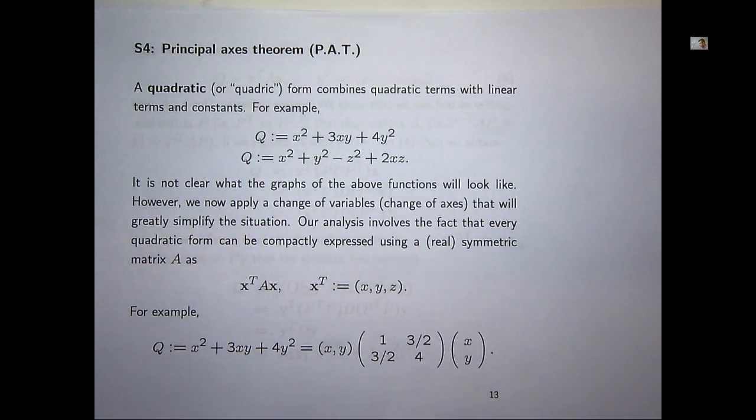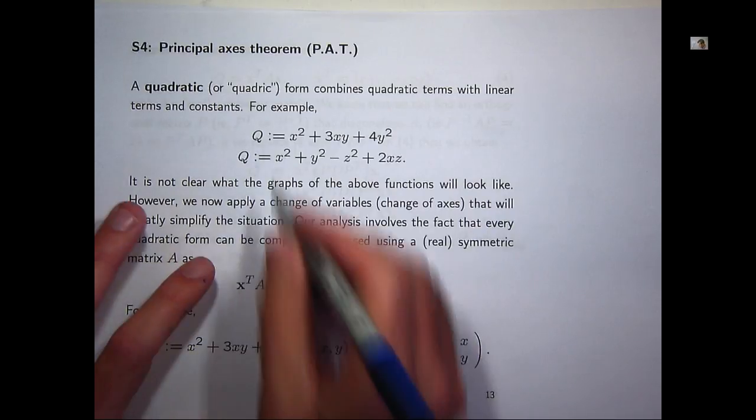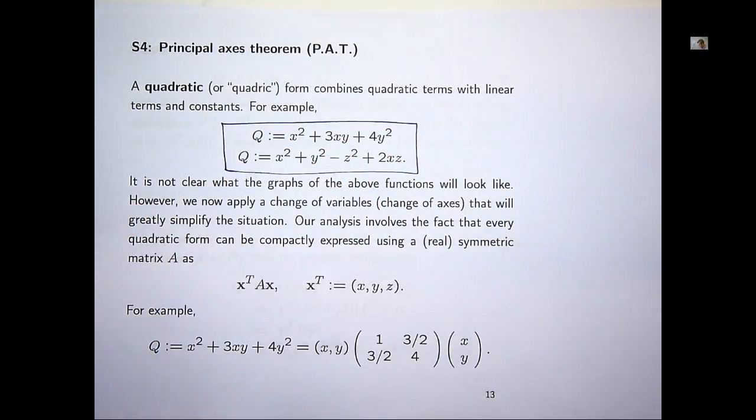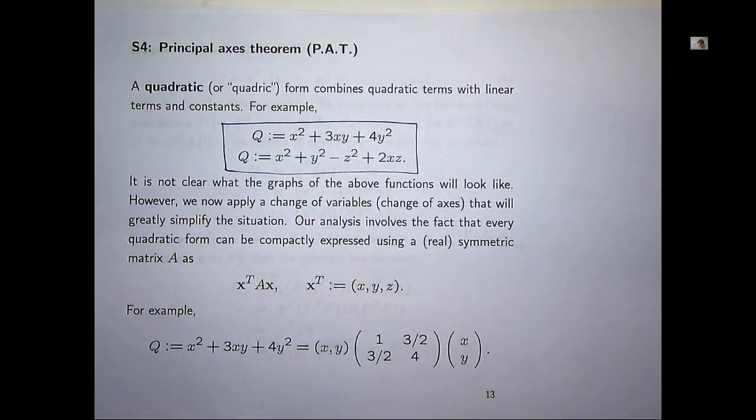So the principal axes theorem. The principal axes theorem is one of the main focuses of our study on matrices. Okay, so we're going to look at forms like these forms here, called quadratic or quadric forms, and simplify them using matrix methods.